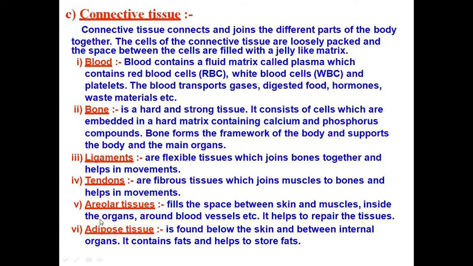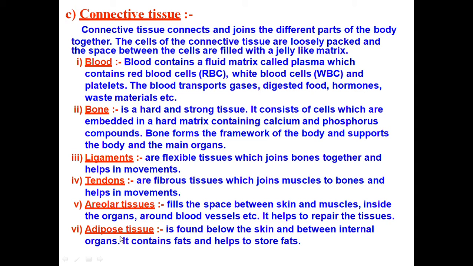The next is areolar tissue. This areolar tissue fills the space between the skin and muscles. It is found in the skin and muscles and around the blood vessels, also in the nerves, and it helps to repair the tissues.